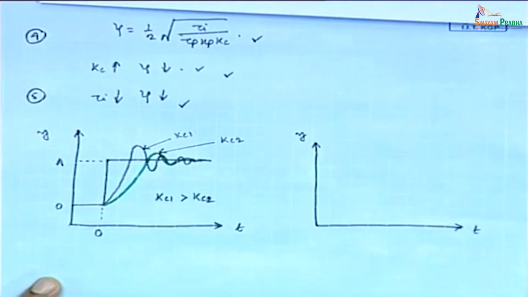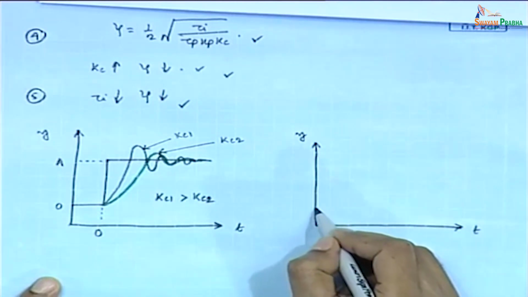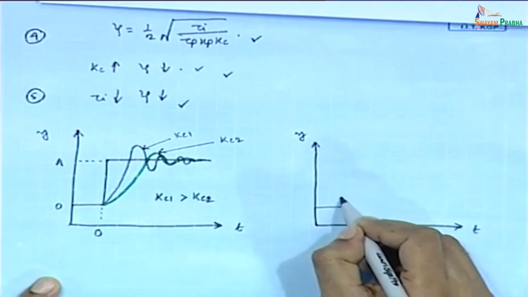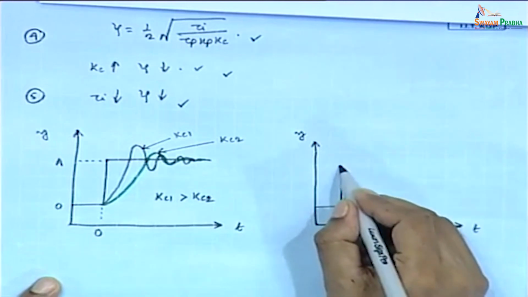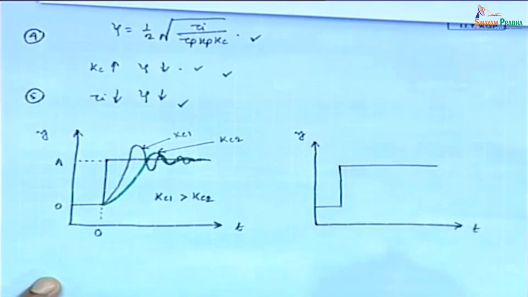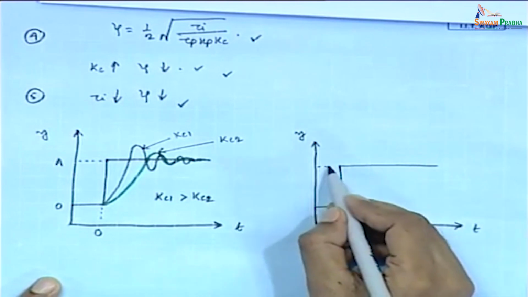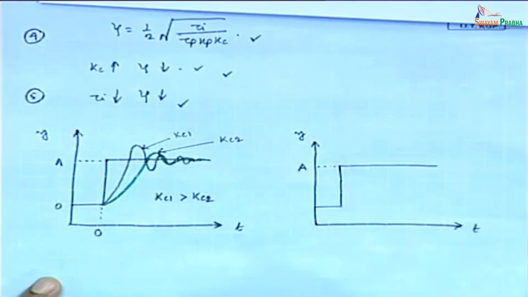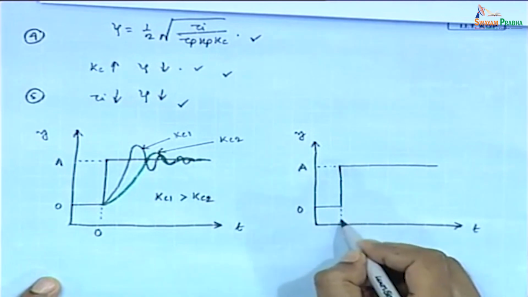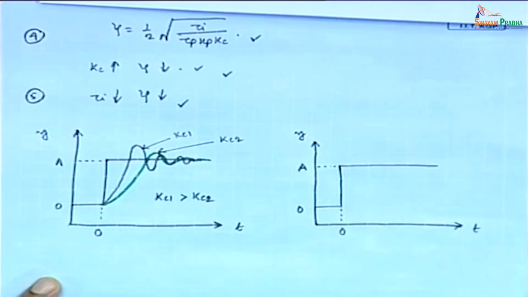So, we will try to produce y versus t. Similarly, a step change is introduced in set point with magnitude suppose A at time t equals 0.